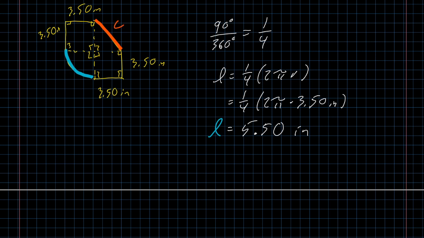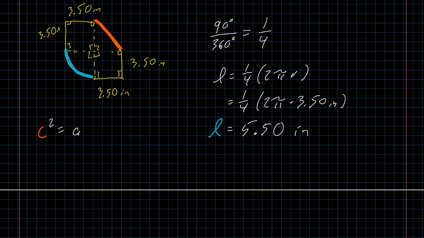The side over here is a little bit harder to see at first glance, but once you see it, hopefully it will make perfect sense. If I draw in, going all the way into the center, that's the hypotenuse of a right triangle. So I can figure that out using the Pythagorean theorem.